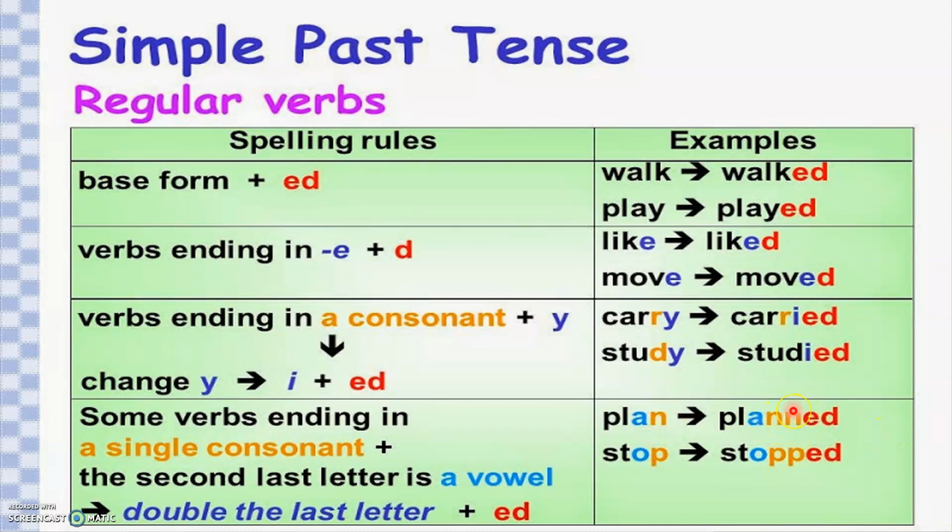Look at the N, we double the N. The verb stop ends with T, which is a consonant, O is a vowel, P is a consonant. So usually we double the last consonant, then we add ed: stopped. So if the verb ends with the CVC pattern, usually we double the last consonant.